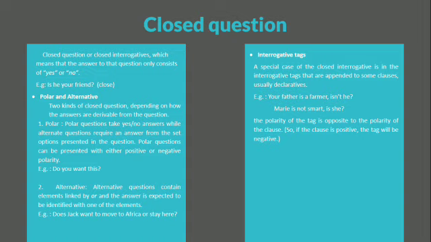Right, so polar questions take yes or no answers, while alternative questions require an answer from the set of options presented in the question. Polar questions can be presented with either positive or negative polarity. Example, do you want this? The answer could be yes I do or no I don't. And then the alternative is questions that contain elements linked by or, and the answer is expected to be identified with one of the elements.